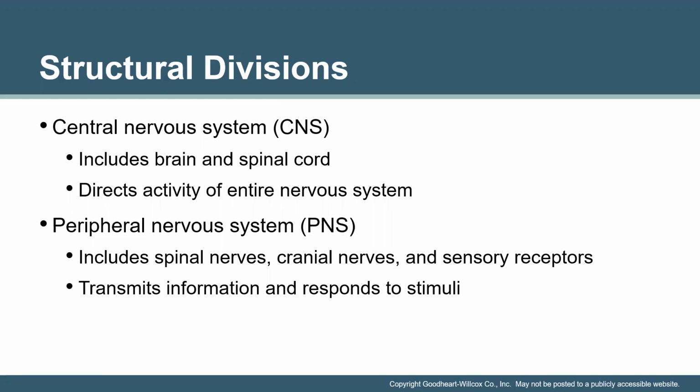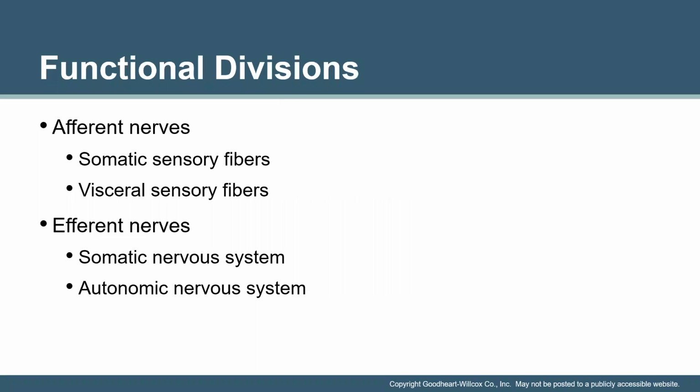Now, when we talk central nervous system and peripheral nervous system, this is how we divide it to talk about it structurally. Again, central nervous system, brain and spine. Peripheral nervous system, everything outside of that: spinal nerves, cranial nerves, sensory receptors, everywhere else in the body. But then we break it down into what's called a functional division.